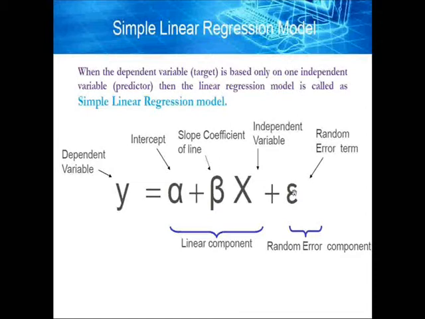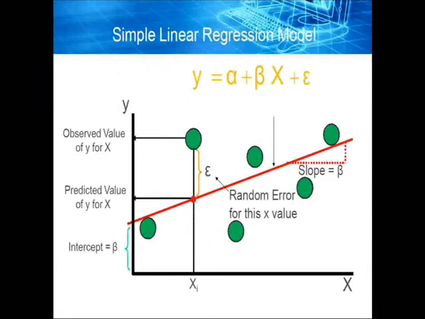Error is the difference between the predicted value and the obtained value. So we can say the value of the target which is obtained is based on the linear component and the error component.